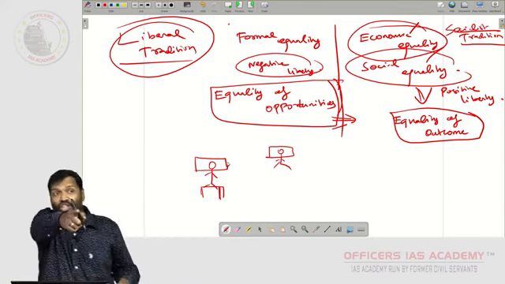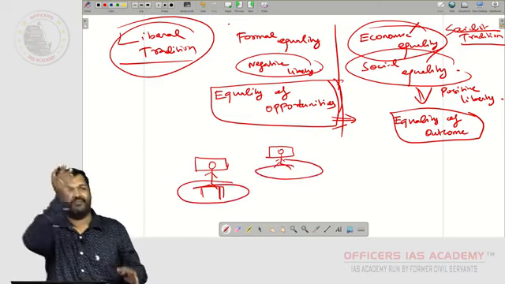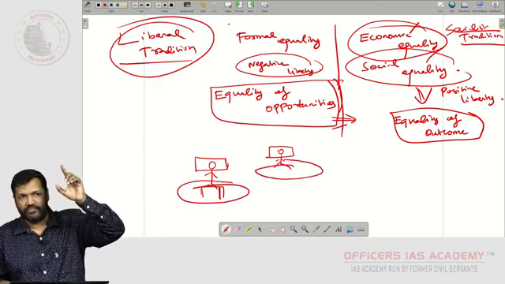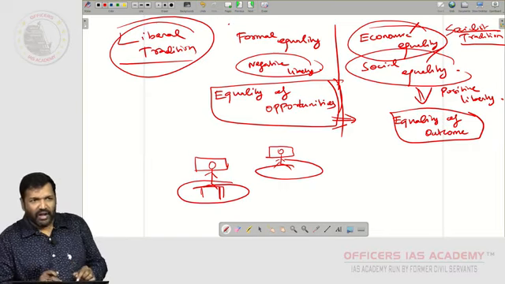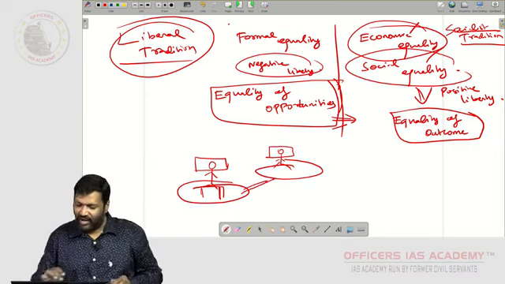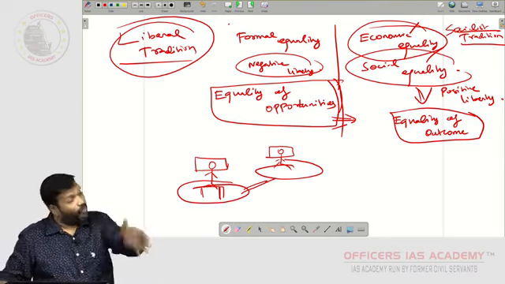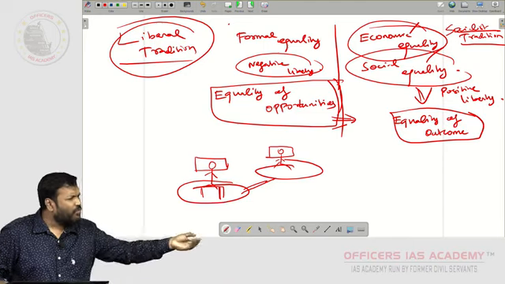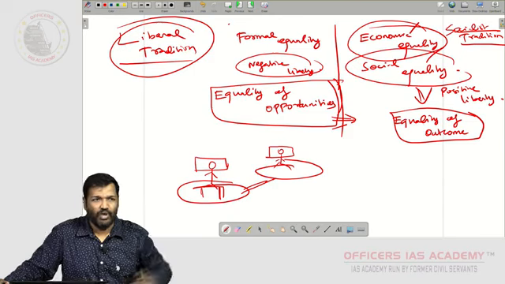You should not argue that, see, one person is getting a stool, another person is not. Don't argue that way, because your equality is not about this. My equality is about what the outcome is. To ensure equality of outcome, there could be some privileges given to the least advantaged. Nothing wrong in it, because they are least advantaged.